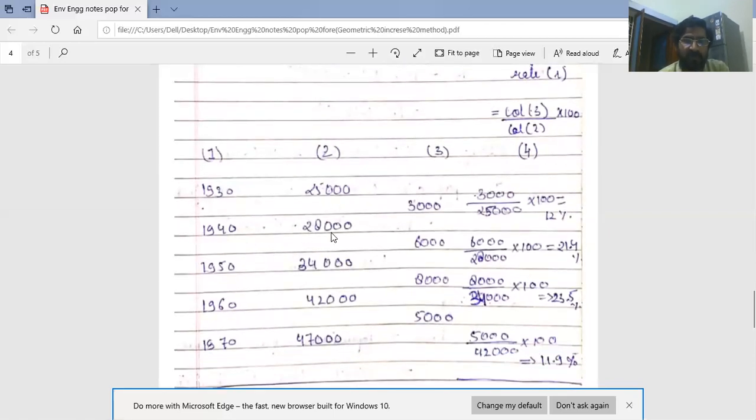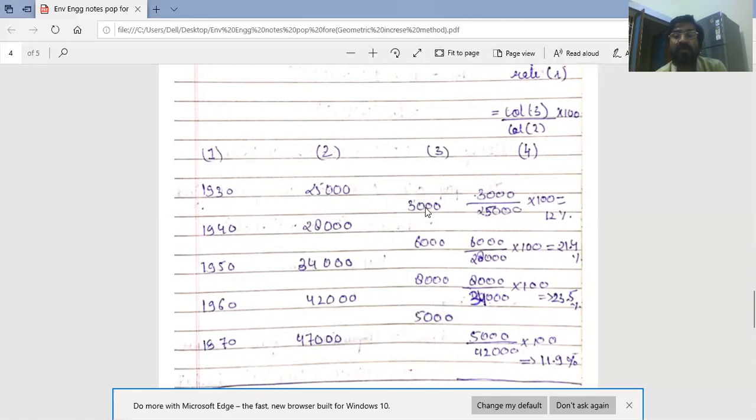In 1940, population is 28,000. Increase from 1930 to 1940 is 3,000. Now 1940 to 1950, increase in one decade is 6,000, and 1950 to 1960, population increase from 34,000 to 42,000, increase is 8,000. And 1960 to 1970, population 42,000 to 47,000, and increase is 5,000. This is the arithmetic increase.